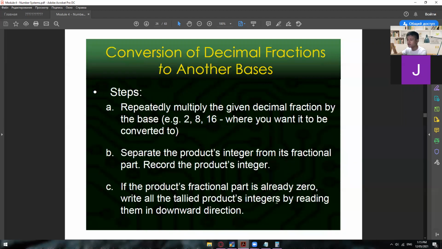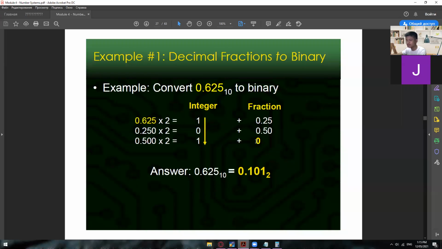Once we reach a fractional part that is already 0, that's the time that we stop multiplying the fraction part. The one that we're going to get as our final answer is the integer part. But instead of from bottom to top, in here it's from top to bottom. So it's quite the opposite of the one we had a while ago.